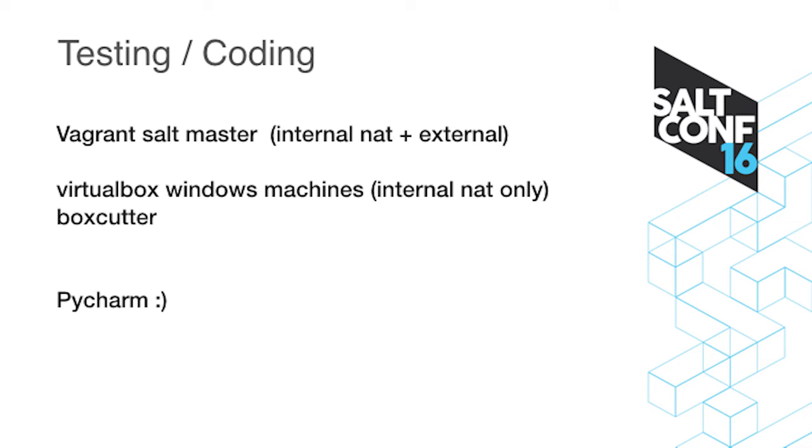It'll install a Windows VM on Oracle VirtualBox or VMware and take care of that for you. It actually has Cygwin installation and Salt installation built into it, so you can almost do a Vagrant up. It's like make Windows image, and you can get a Windows image into a testing environment relatively quickly, as long as you have everything set up. Also use PyCharm. It's nice. But that's it.